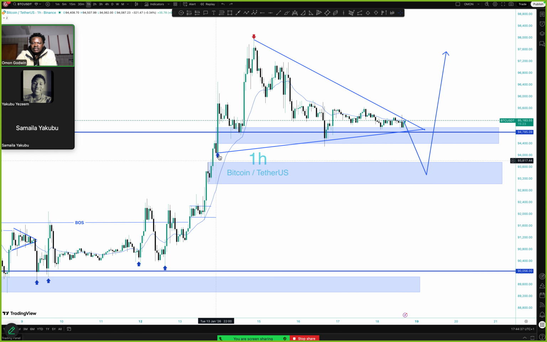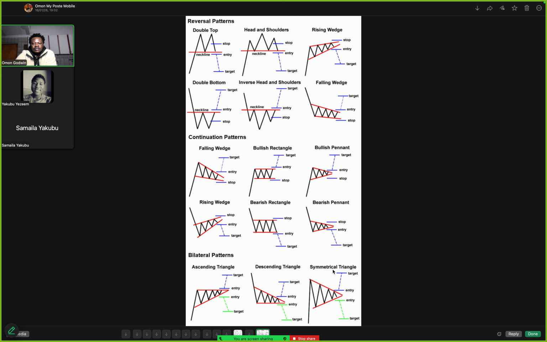We also have a sniper move on the market. We also have what we call an impulsive move. Impulsive move means that the market will just keep buying, will just break out from one zone and rush up. It can happen. Why is it that the market can do that here? Because remember, we have what we call a symmetrical triangle.